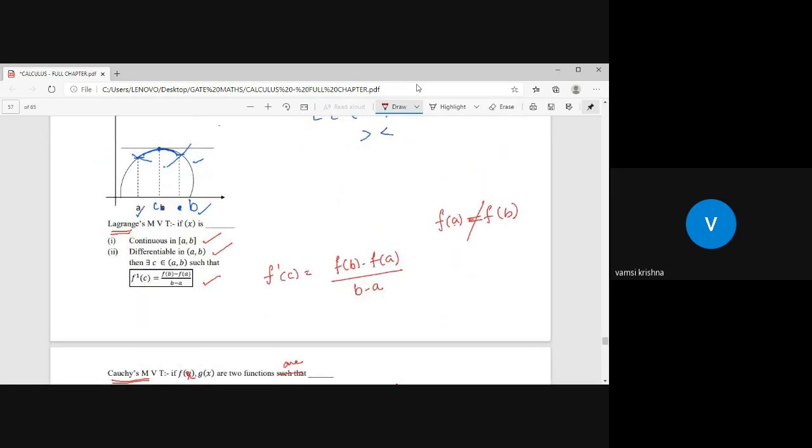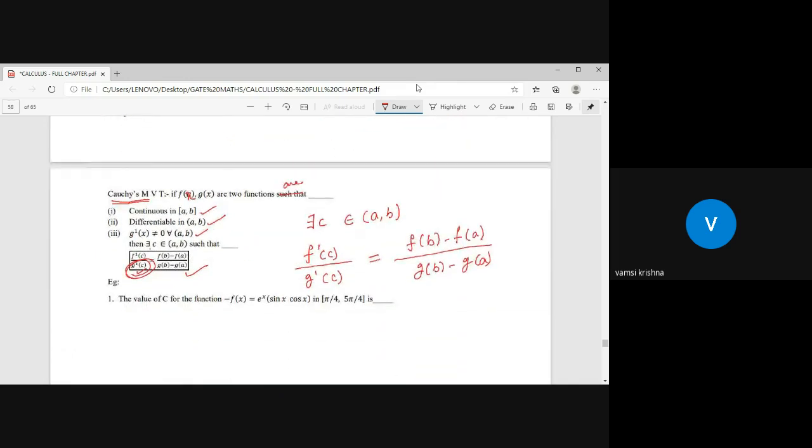And if the given functions are continuous, differentiable, but f of a is not equal to f of b, then f dash of c is f of b minus f of a by b minus a. That is Lagrange's. And for Cauchy's also, it is continuous, differentiable, but there are two functions in the question, f of x and g of x. Then you will get f dash of c by g dash of c is f of b minus f of a by g of b minus g of a.